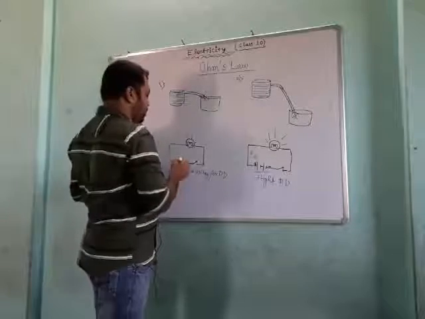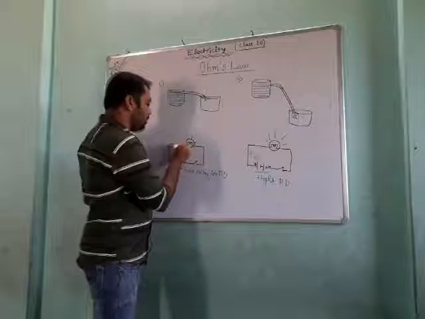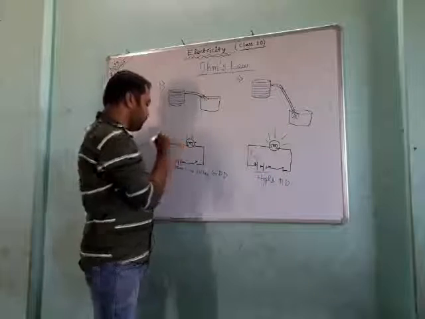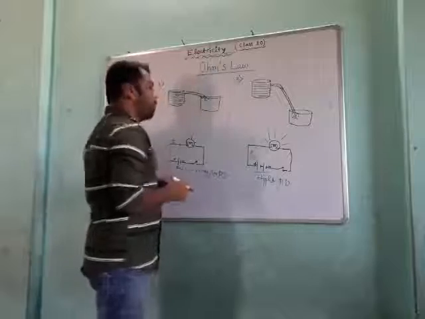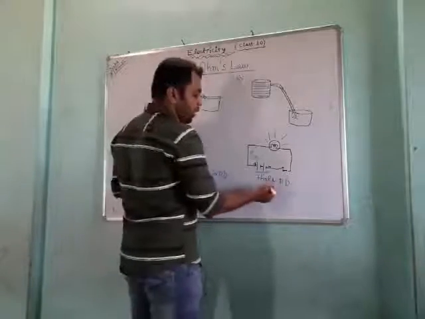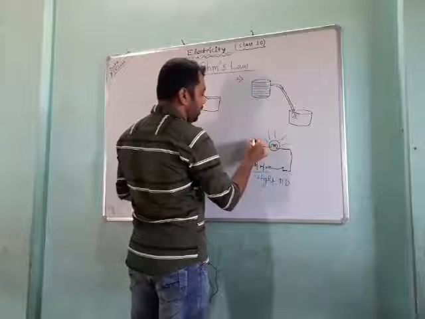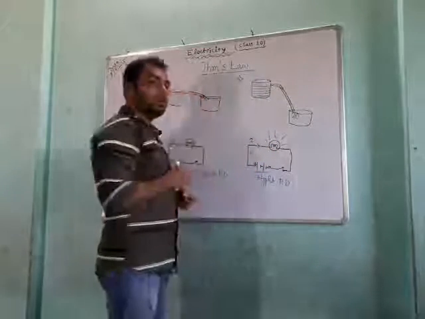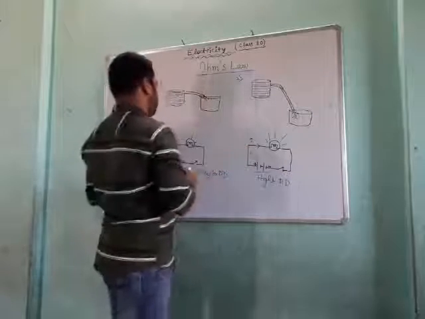Why? Because due to low voltage the current through the wire is low, the magnitude of current is low, and due to high potential difference the value of current is high in this circuit.